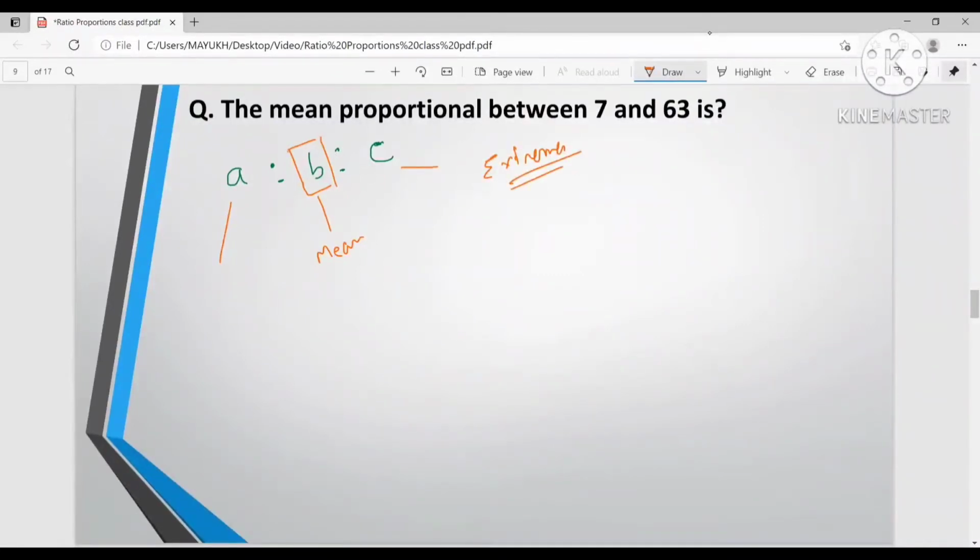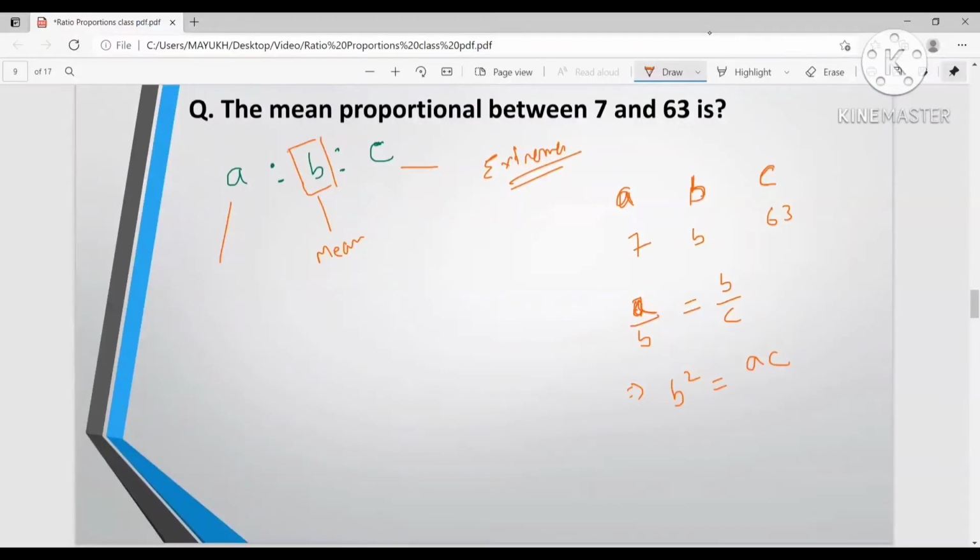So now let's see what are the values that I have. Among A, B, and C, I have 7. I don't have B. I have 63. So if I say that A by B is equal to B by C, this implies that B square is equal to AC.